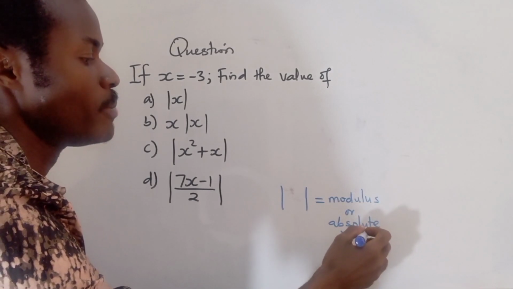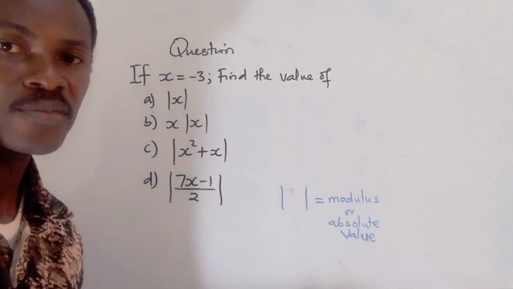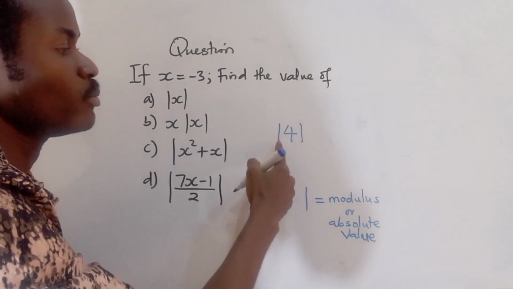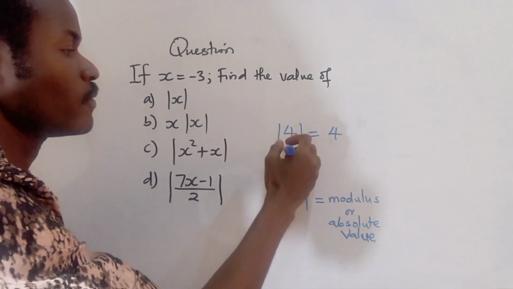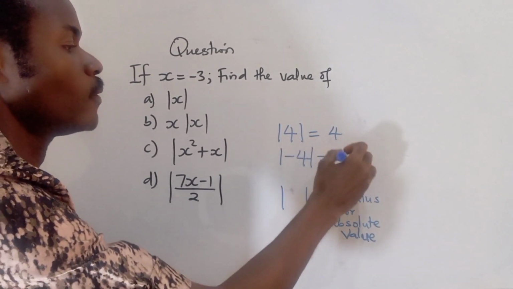So what do we mean by absolute value, or modulus? For instance, if I say the modulus of 4, this is 4. If I say the modulus of minus 4, it is 4.